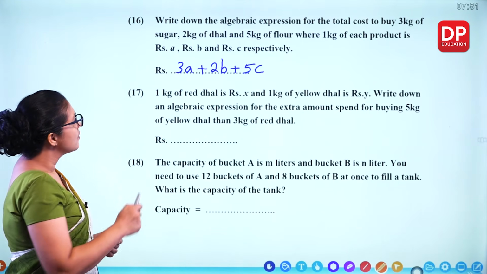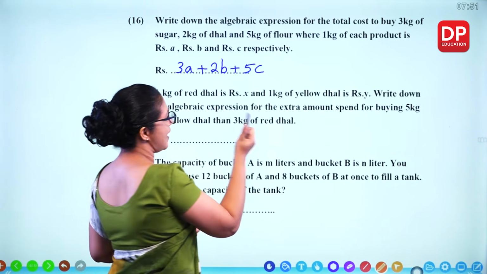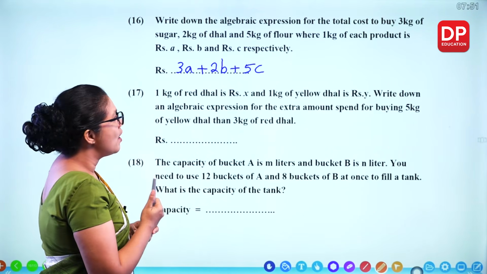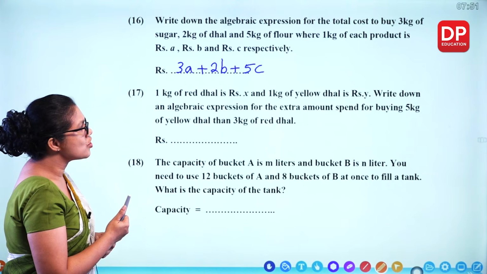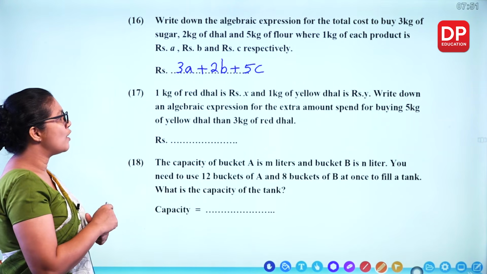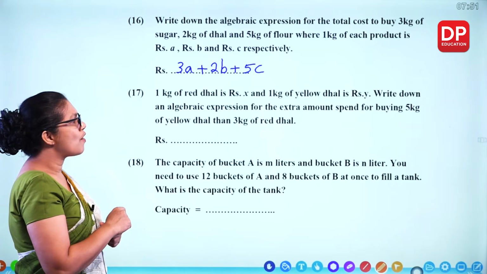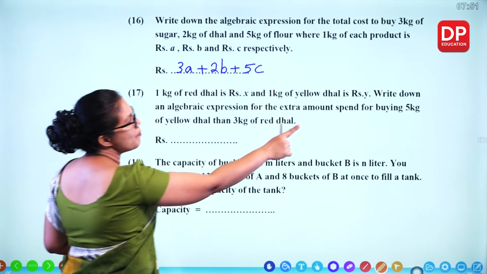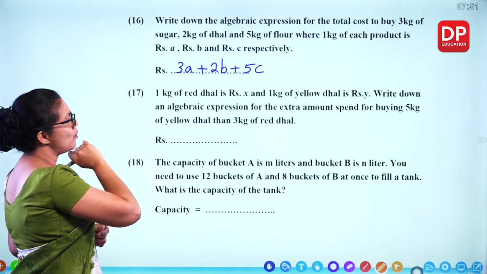Next one. 1 kilo of red dal is X rupees and 1 kilo of yellow dal is Y rupees. Write down an algebraic expression for the extra amount spent for buying 5 kilos of yellow dal than 3 kilos of red dal. That means the price is high when you buy 5 kilos of yellow dal.